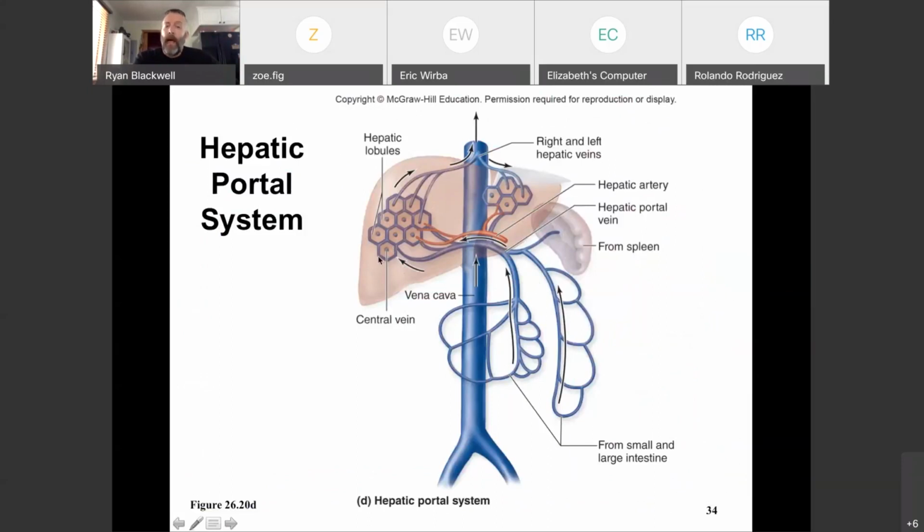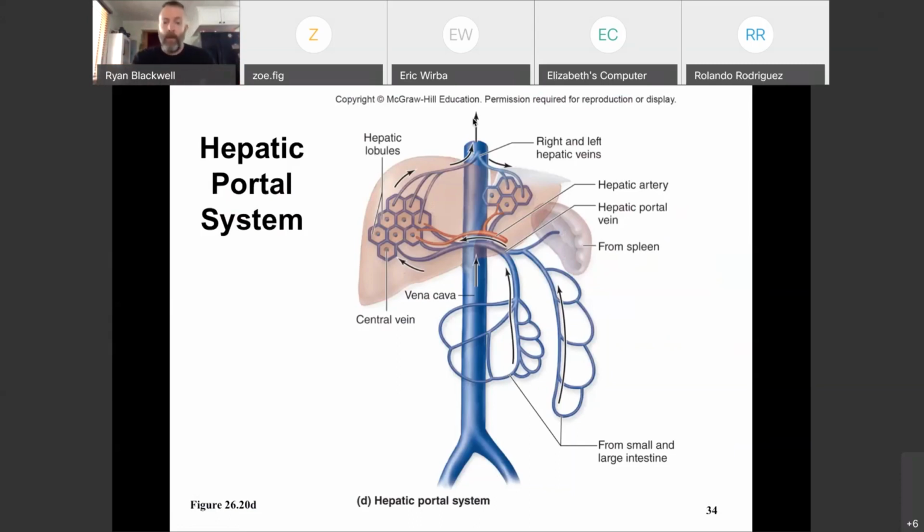The lobules process that blood, and when they're done processing, that blood can now enter the inferior vena cava, travel to the heart, and the heart can now pump all of these newly absorbed and processed nutrients out to tissues like the brain and skeletal muscle and the heart's myocardium, the tissues that need all of these newly absorbed sugar molecules and fat molecules and protein molecules.